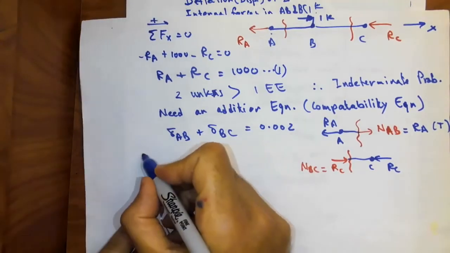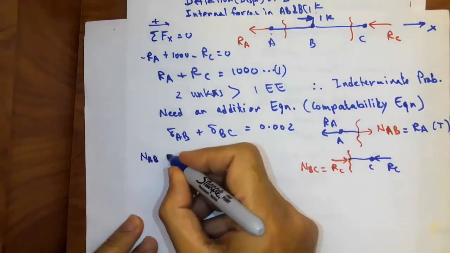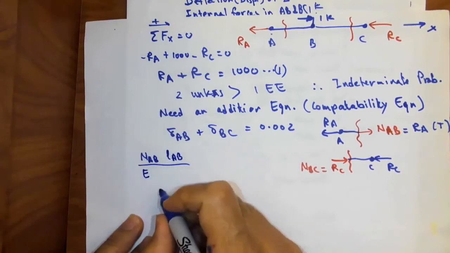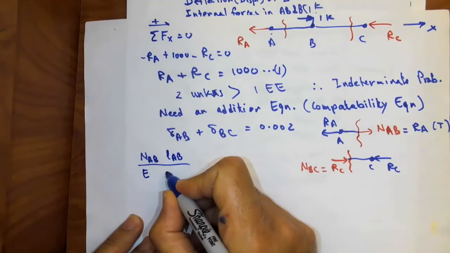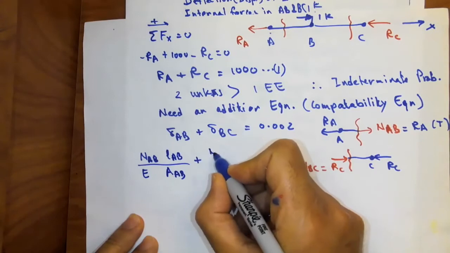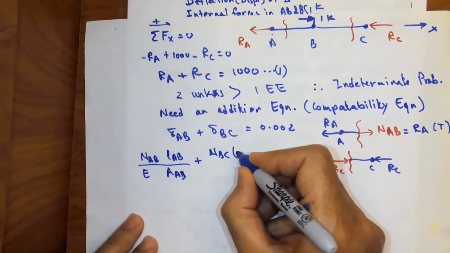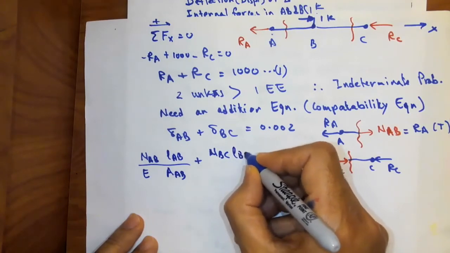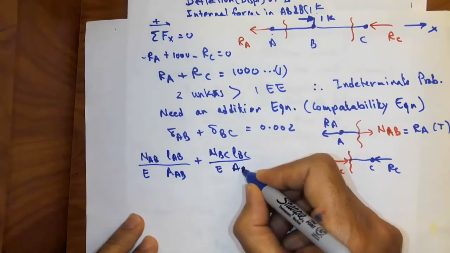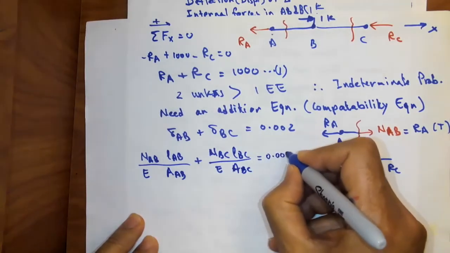So I can write this delta AB as NAB times L of AB divided by E times the area of AB, plus for delta BC, I have NBC multiplied by LBC divided by E times the area of BC. And this is equal to 0.002.